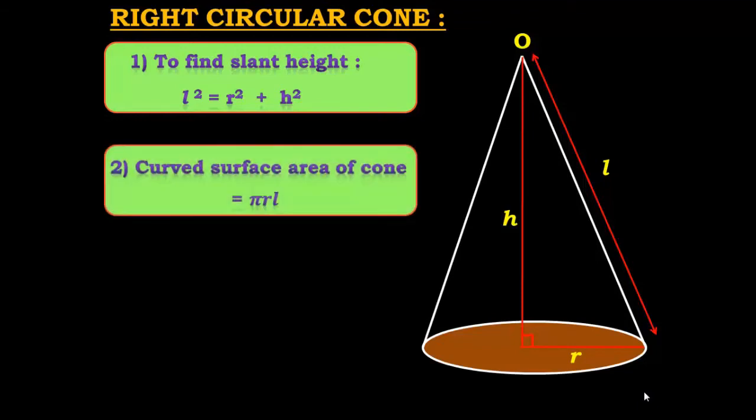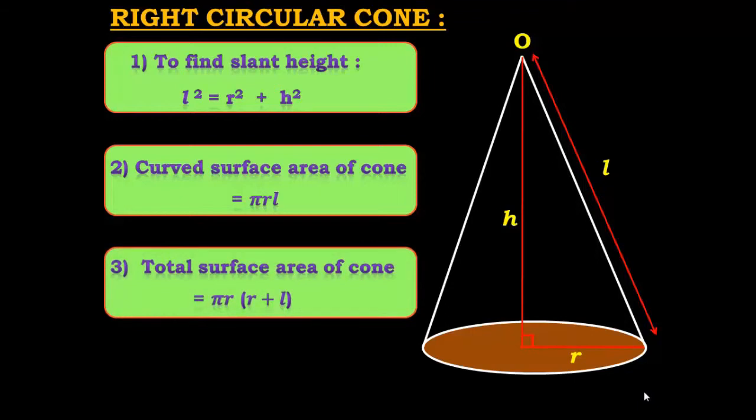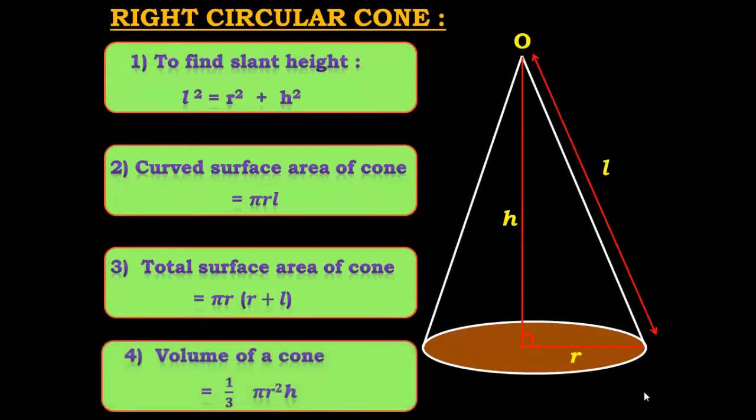Curved surface area of the cone is equal to pi r L. Next, total surface area of the cone is equal to pi r into bracket r plus L. And the last one, volume of the cone is 1 by 3 pi r square h.